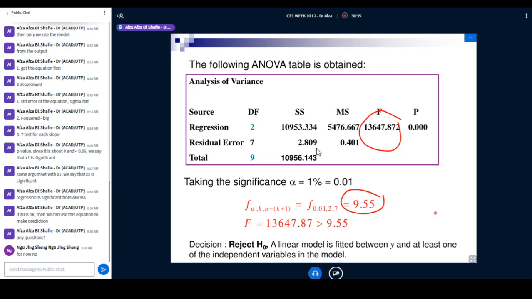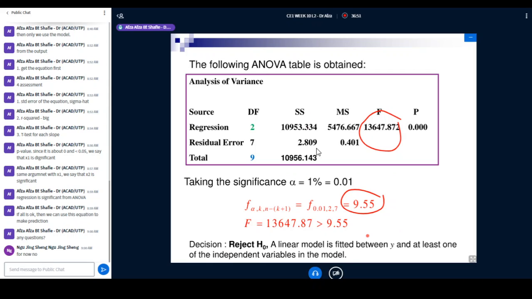It can be any one. That's why I say a linear model is fitted between Y and at least one of the independent variables in the model. This means that the regression is actually significant.